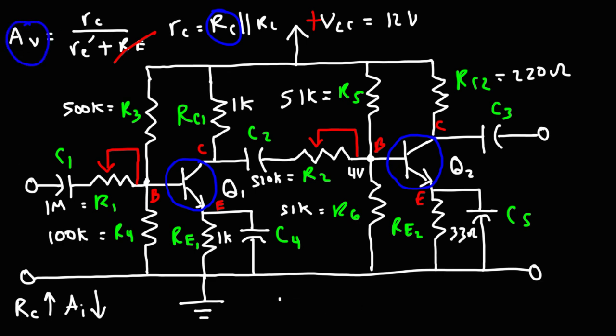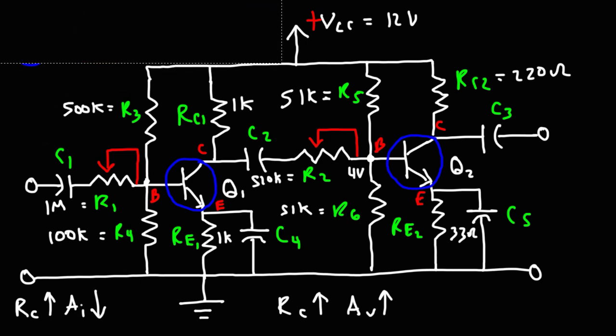So if you increase RC, you can increase the voltage gain of the circuit. So a high RC value leads to a high voltage gain but a low current gain. And so there's a trade-off here. So what do you do in that situation to increase the power gain of the circuit?